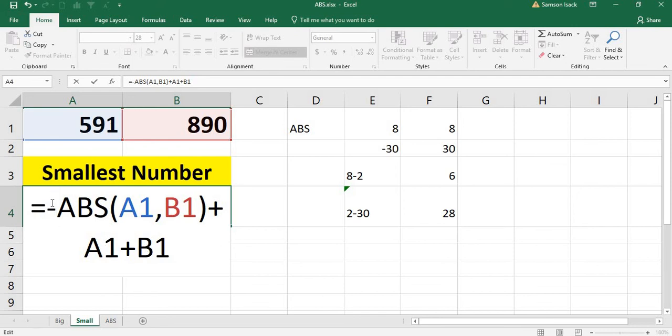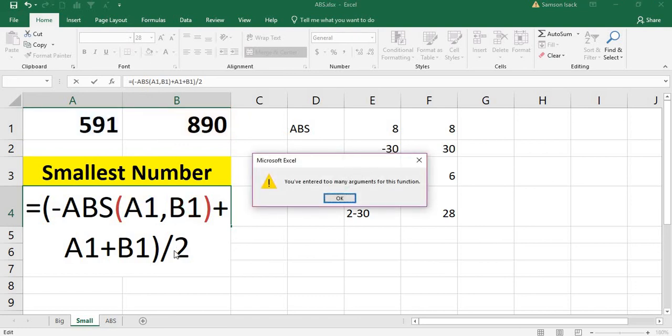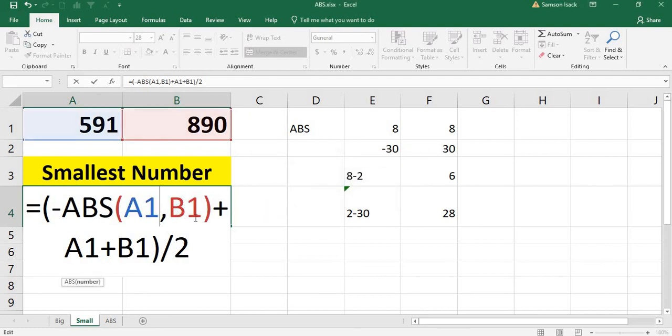So I just divide this by 2 and I get my desired result, because 2 times the smallest number divided by 2 is 1 times the smaller number. Okay, this should be minus.